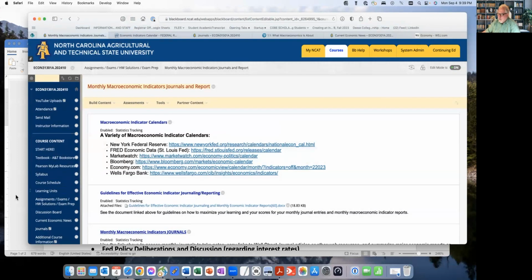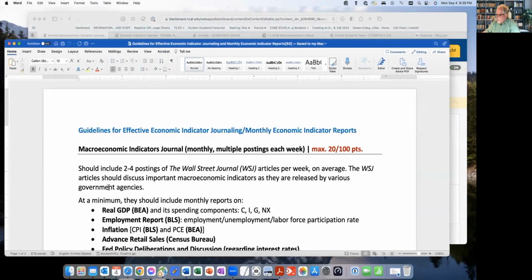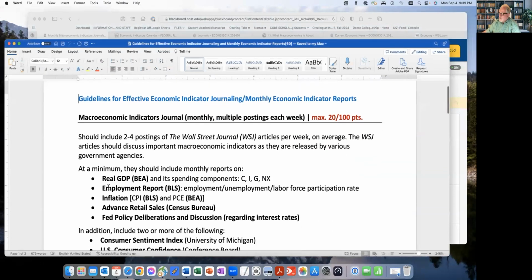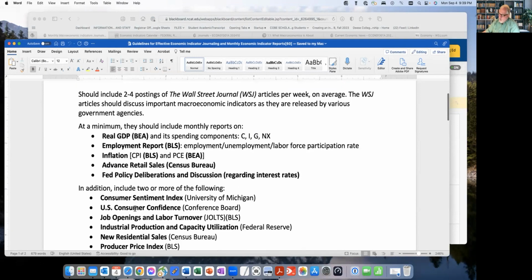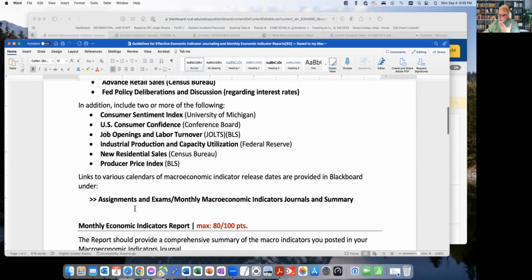Those guidelines are a Word document, and I'll give you some ideas about which things to follow and post on. You should post 2 to 4 articles in your journal, along with a link to the Wall Street Journal article each week. That will become just part of the practice that you do.